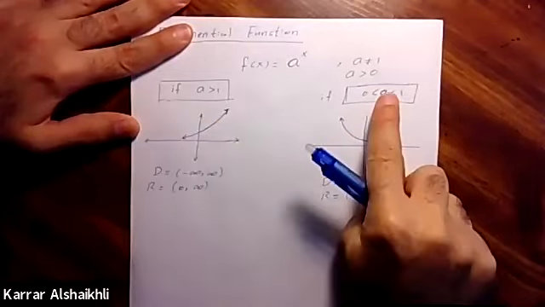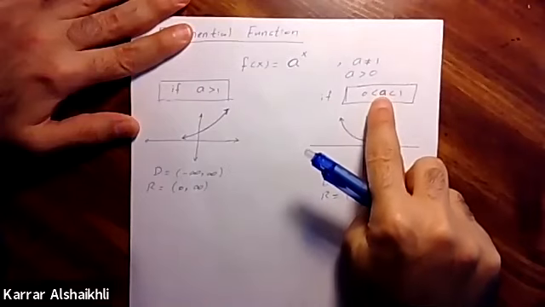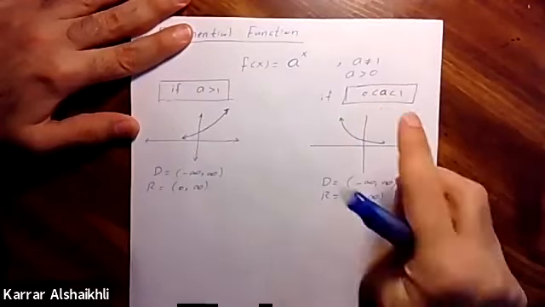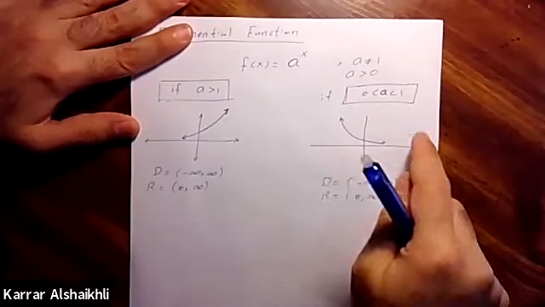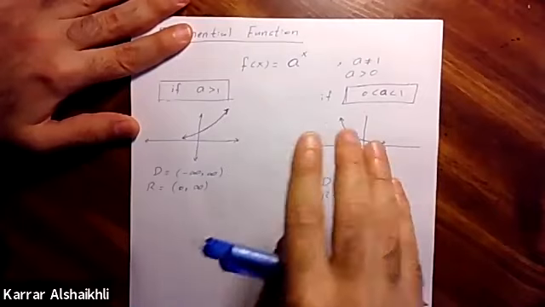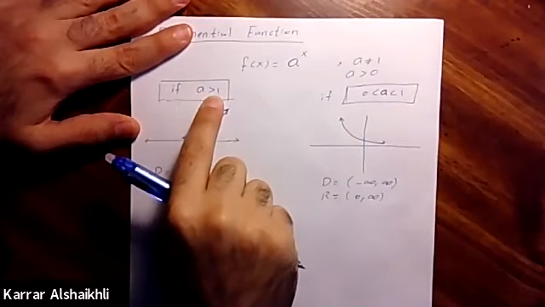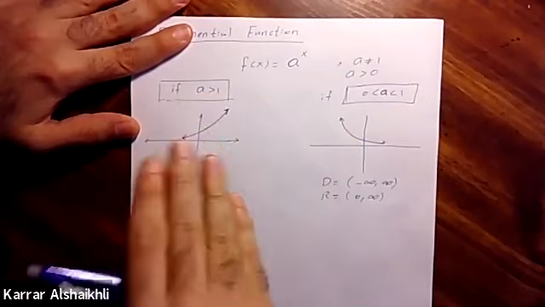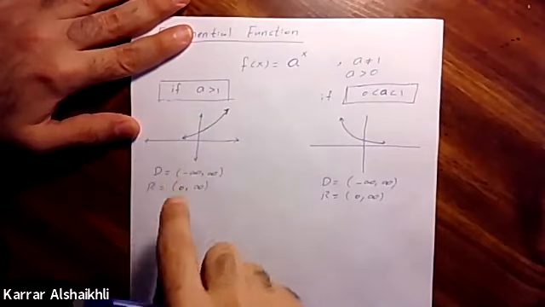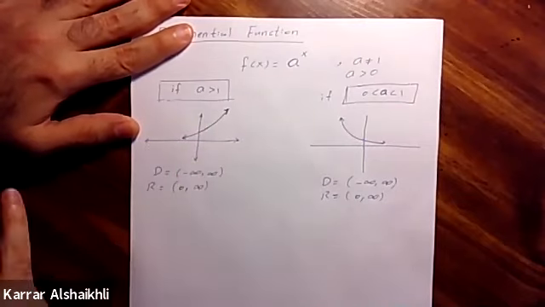So you have two options. If it's a decimal number like 0.5, 0.3, my graph is going to look like this. If a is a number greater than 1, like 2, 3, 4, my graph is going to look like this, and here are the domain and the range.